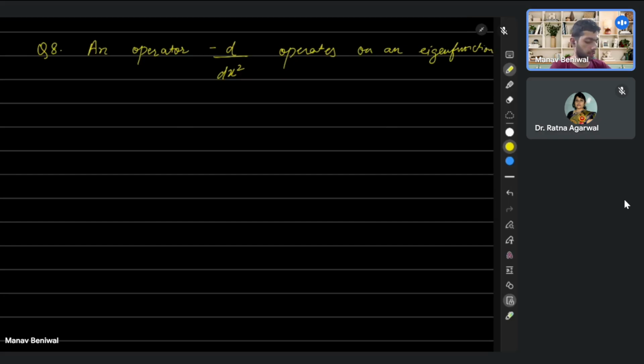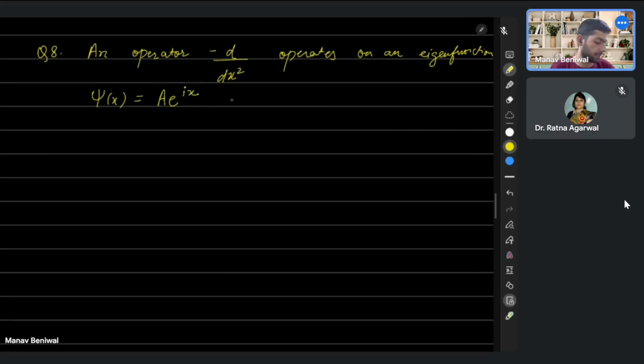So we have an eigenfunction. It is given to us that psi of x is an exponential function, but it has iota in it, where this iota is the square root of -1. So this is our imaginary number, right? And a is a constant.